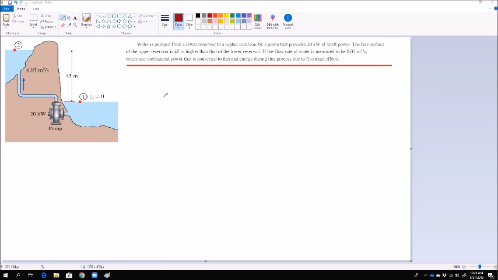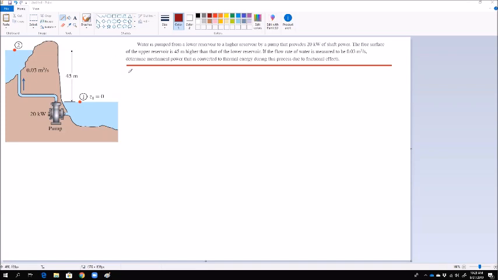There are different ways of solving this problem, different approaches, but we can look at the general form of the first law for this system and try to simplify it. This is the method that I recommend.